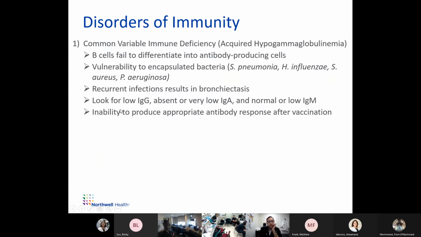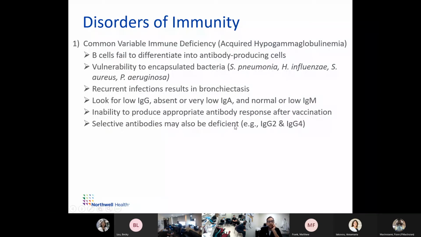Another thing that's very important and is part of the diagnostic criteria is that these patients are unable to produce an antibody response after vaccination. So, for example, you'll give them the 23-valent polysaccharide pneumococcal vaccine, and then 4 to 8 weeks later, you check their antibody titers, and they're unable to produce appropriate antibodies to strep pneumonia.